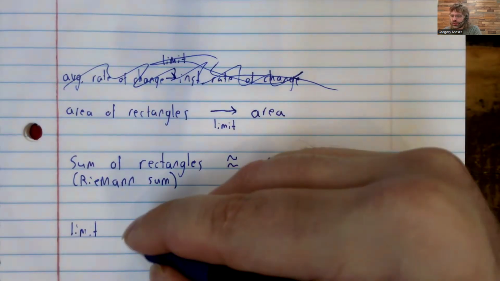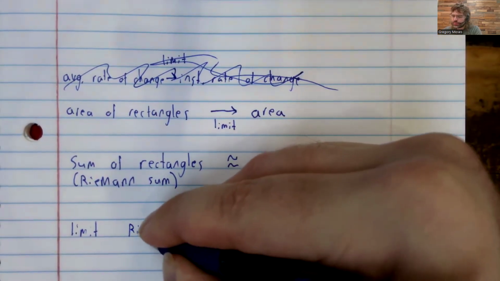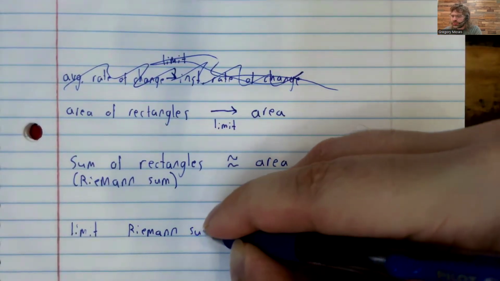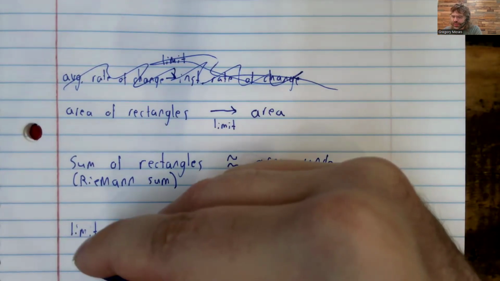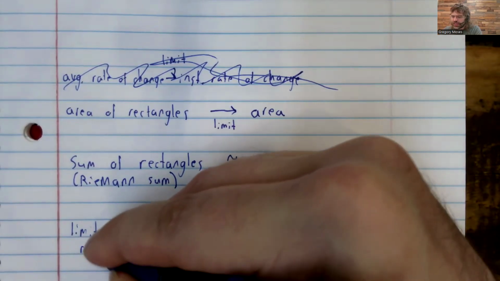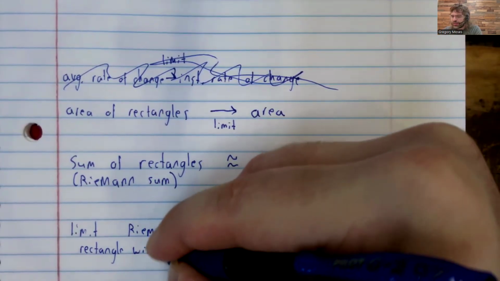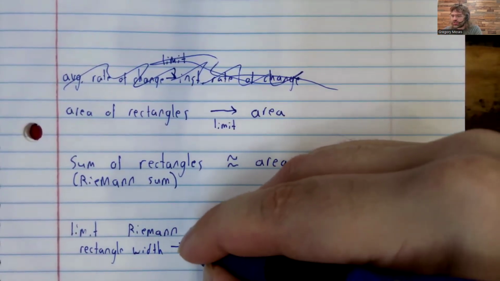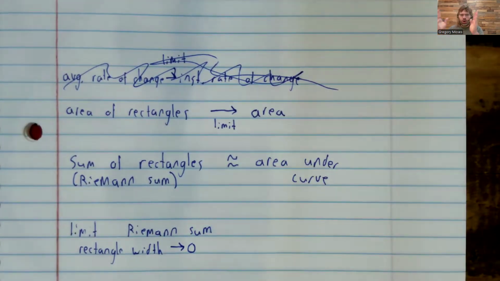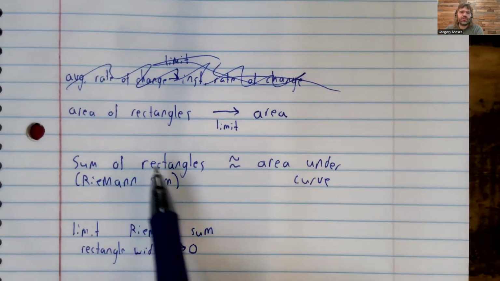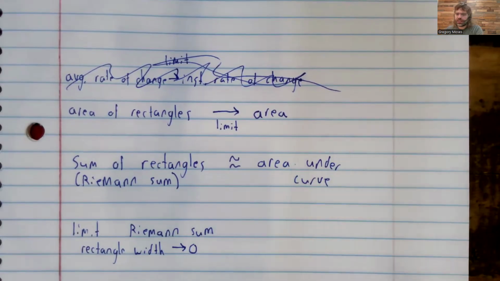And if we take the limit of a Riemann sum as the rectangle width goes to 0, as all of the rectangles get thinner and thinner and thinner, this approximation becomes exact.